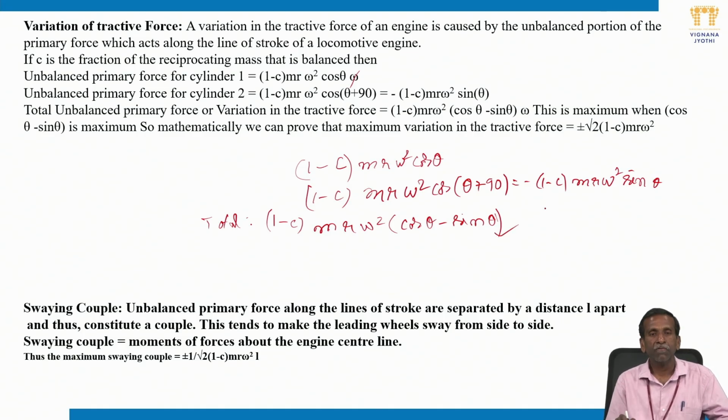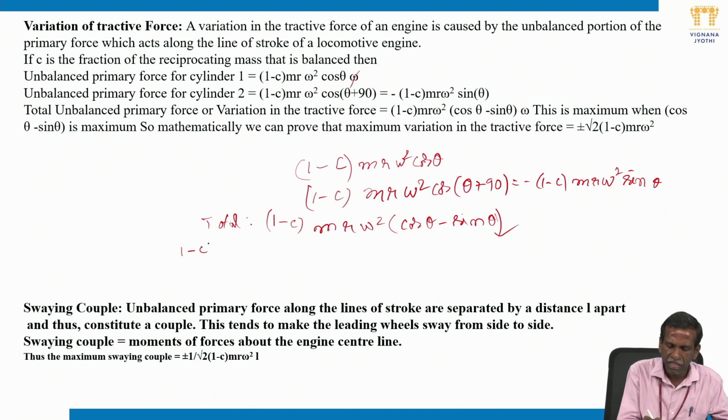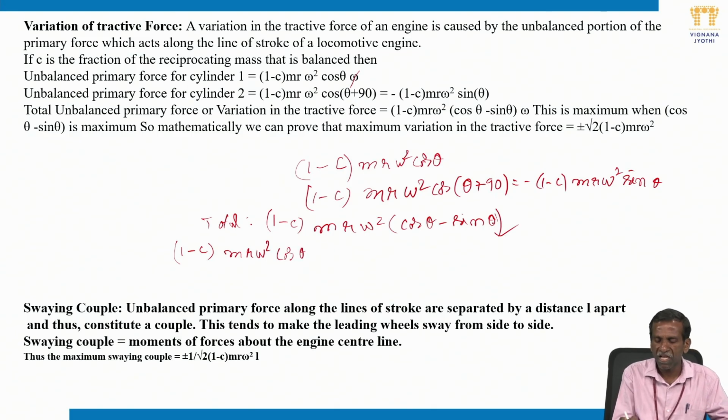Now the second effect, swaying couple. The unbalanced primary force along the line of stroke, as we have just seen, is plus or minus (1 minus C) m r omega square cos theta. For the second cylinder, it is cos theta plus 90.